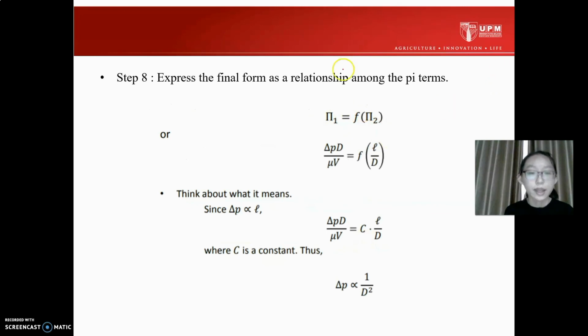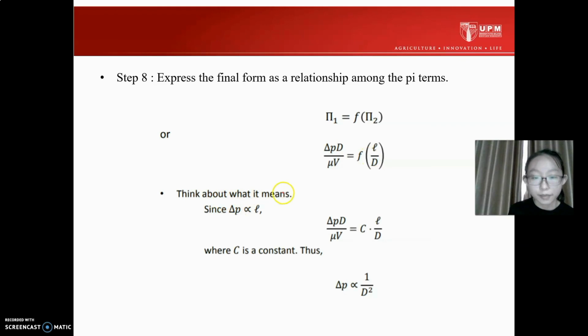So express the final form as a relationship among the pi terms. So pi 1 is equal to F of pi 2, or pressure drop times diameter over viscosity times velocity is equal to F times length over diameter.